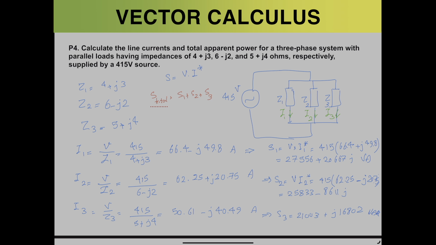The total apparent value would be equal to 74,392 plus J28858. I'm just writing them now in order to double check with your answers as well. So this is how the apparent power of each one of those components can be calculated.